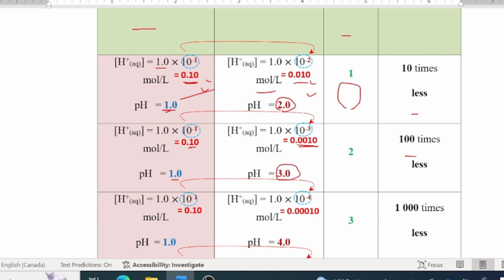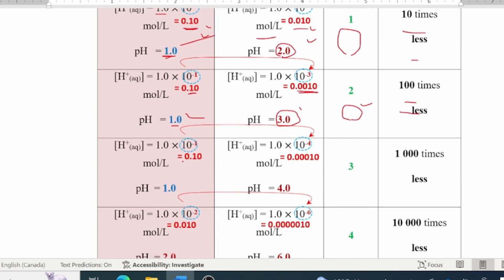The change in pH between 1 and 3 is 2. So every time a solution is diluted to give you a solution that's 100 times less concentrated, there's a change in pH of 2. If it is diluted to give you one that's 10 times less, it's a change of 1. Okay?